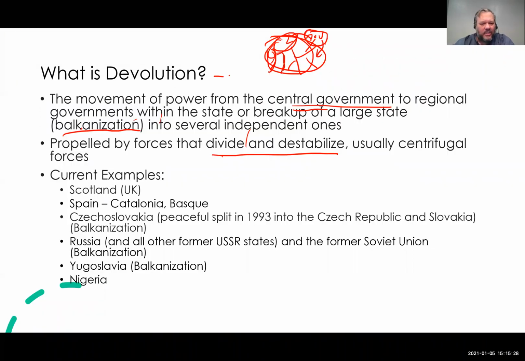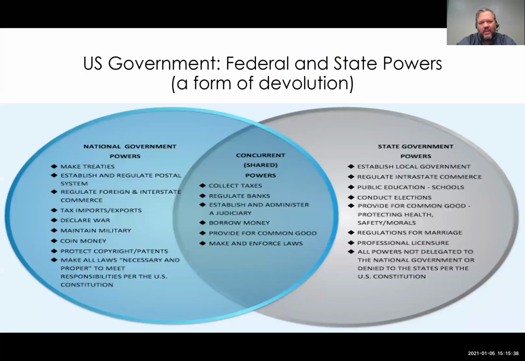Okay, so let's take a look at what devolution is. We're going to look at it in the context of the U.S., but that's not the context we'll use for our tests, just to give you a sense of what it is. If you look at the U.S. government system and how we've derived power, we have two governments, kind of three, but two.